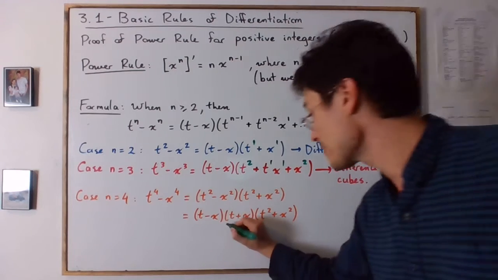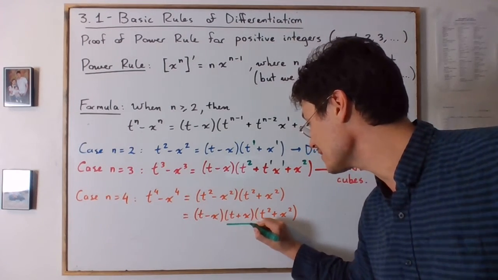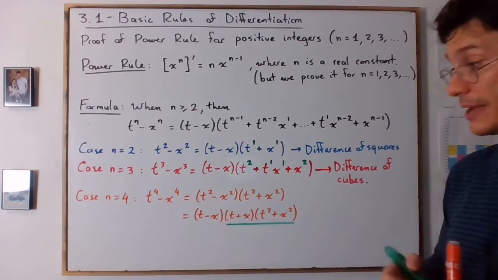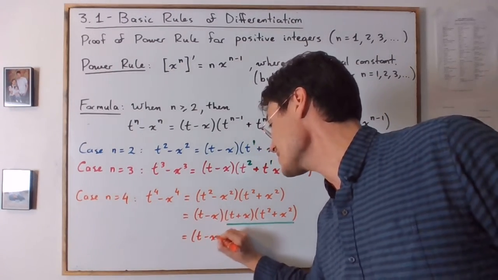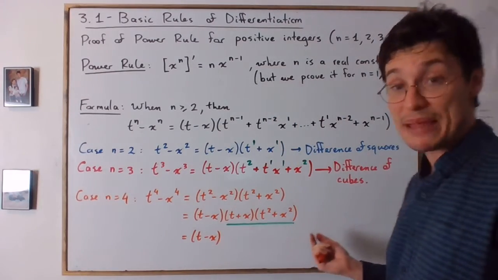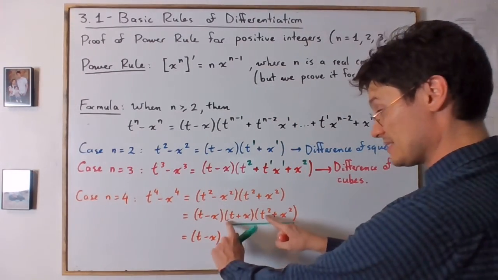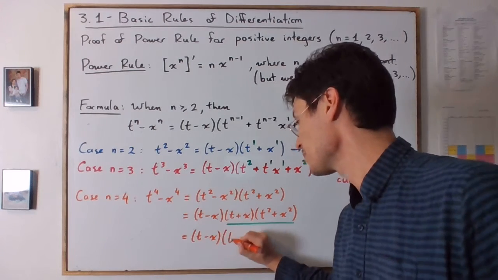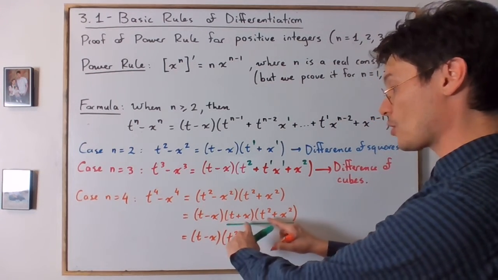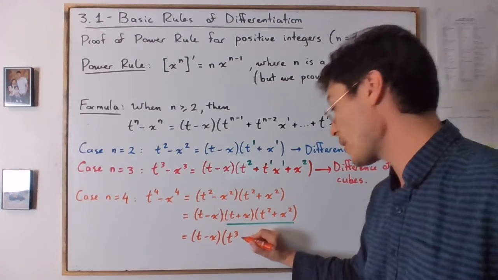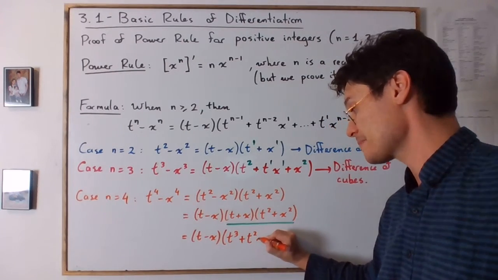The final step is to expand this bracket, okay? And as you do it, what you're going to get is t minus x, and it's fairly easy to expand the bracket if you're careful. This is going to be t cubed, plus x times t squared, so plus t squared x.